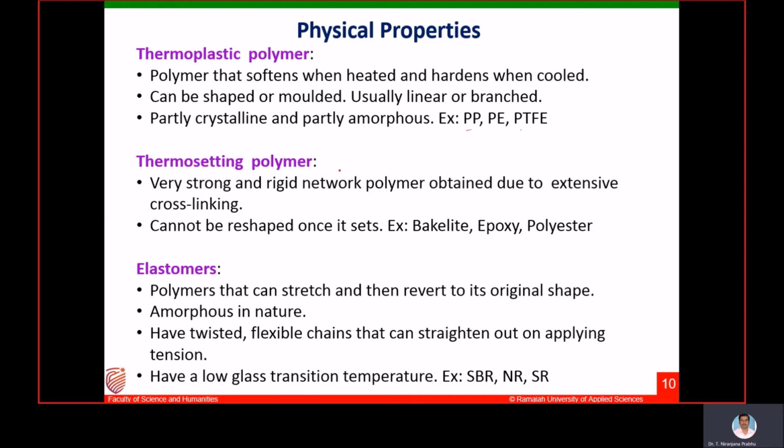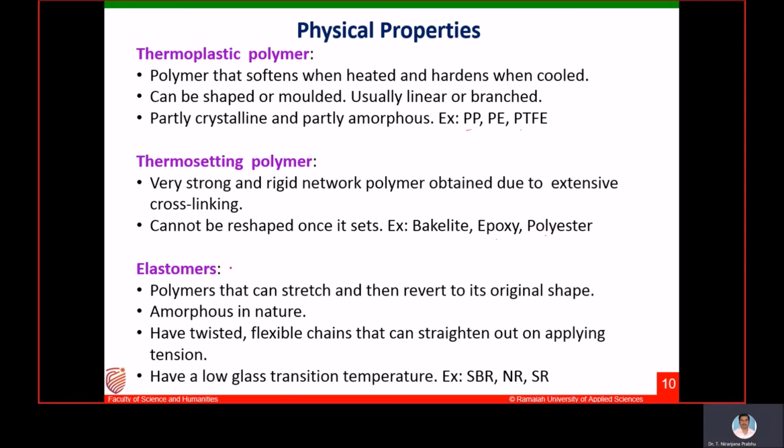Because of this cross-linking, it is irreversible in nature. You cannot recycle this material. Of course, they are very strong and form a very rigid network. They cannot be reshaped once it sets in. Examples for thermosetting polymers include bakelite, epoxy, polyester, nylon. So these are all thermosetting polymers.